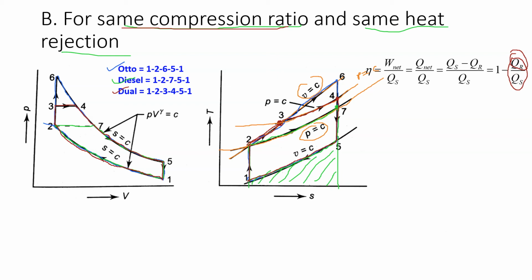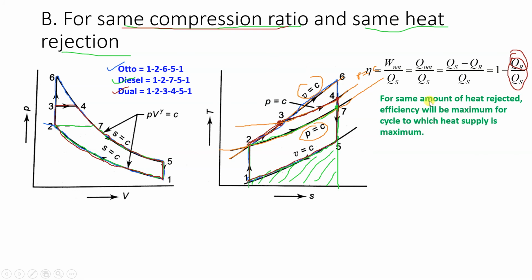So now I can write the same thing. For the same amount of heat rejection, that is the area under 1 on the TS diagram, which is the same, and maintaining the same compression ratio, efficiency will be maximum for the cycle in which heat supply is maximum. And heat supply is maximum, this we can understand from the areas.